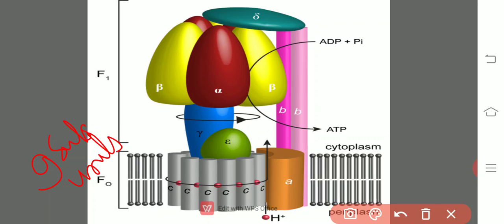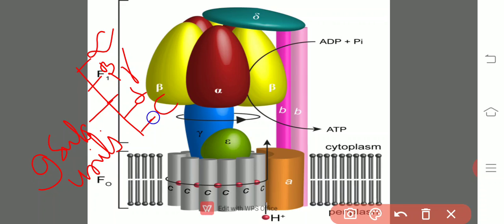These 9 belong to 5 groups, namely alpha, beta, gamma, delta, and epsilon. Thereby, there are 3 alpha subunits, 3 beta subunits, 1 gamma subunit, 1 delta subunit, and 1 epsilon subunit.